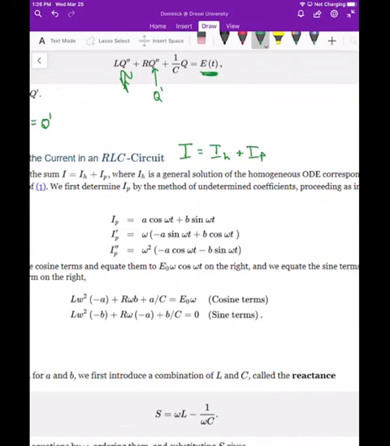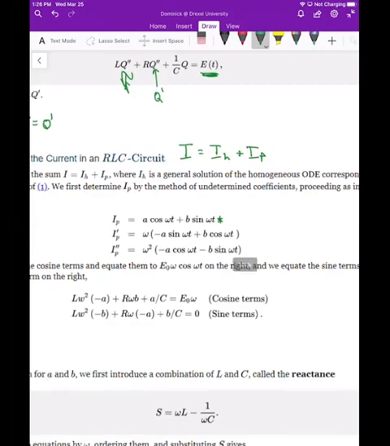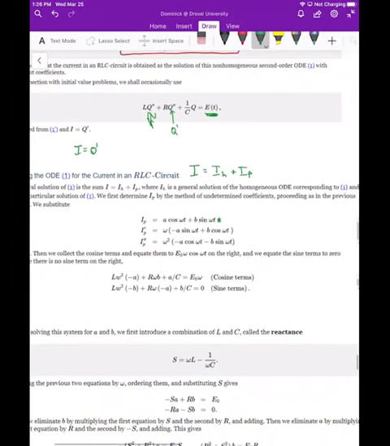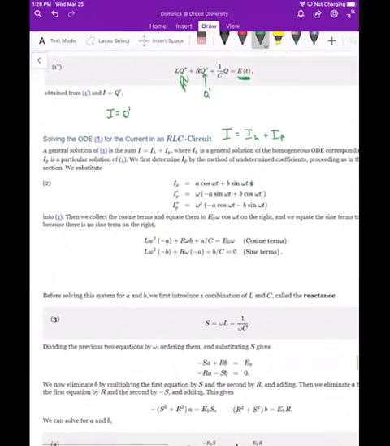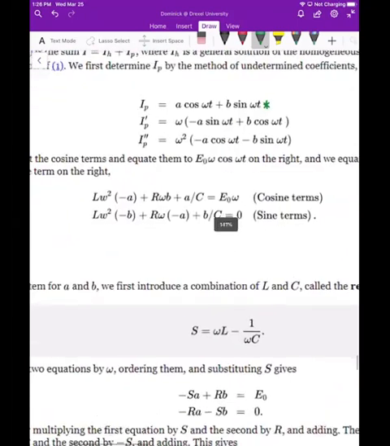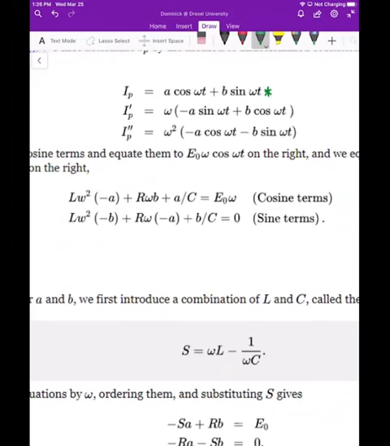So again, we can proceed just like we did before, and we can say that our particular solution is going to be of this form. It's going to be a sum of sine and cosine terms. And then we can find each of those derivatives and plug them into our ODE. And then if we equate the sine and cosine terms, we're going to arrive at these two equations here.